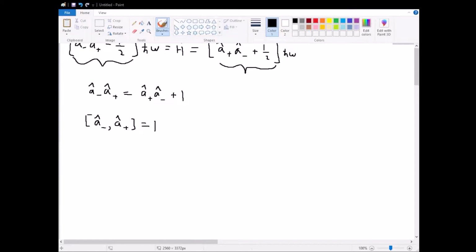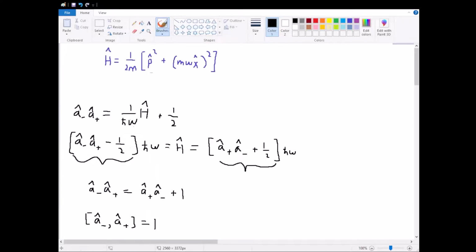Finally, now that we've written all of this out, the last thing that we're going to do is rewrite the Schrödinger equation in terms of the Hamiltonian, but this time substituting the Hamiltonian with these a hat operators. Originally we had that h hat times psi is equal to e times psi, and now we've realized that h hat is equal to either a hat minus a hat plus minus 1/2 h bar omega, or if we switch the order around, a hat plus a hat minus plus 1/2 h bar omega. So let's write both of these down.